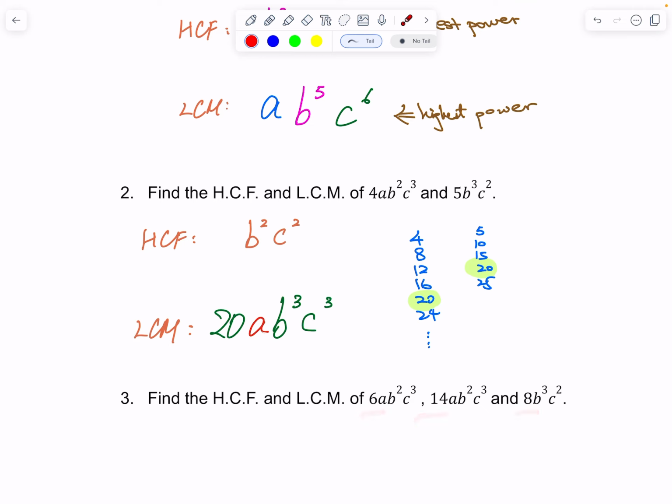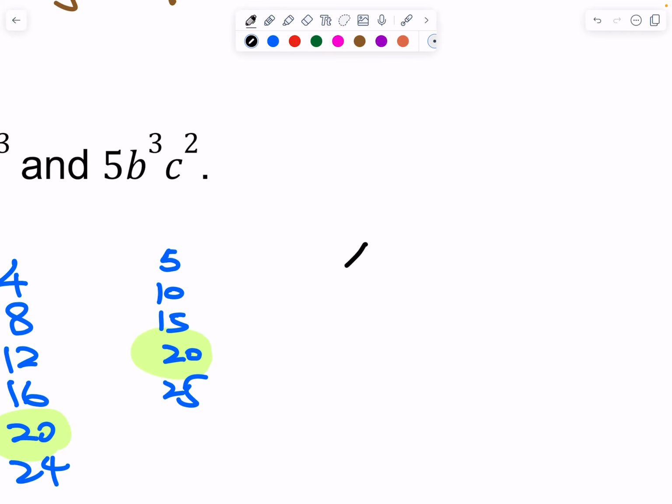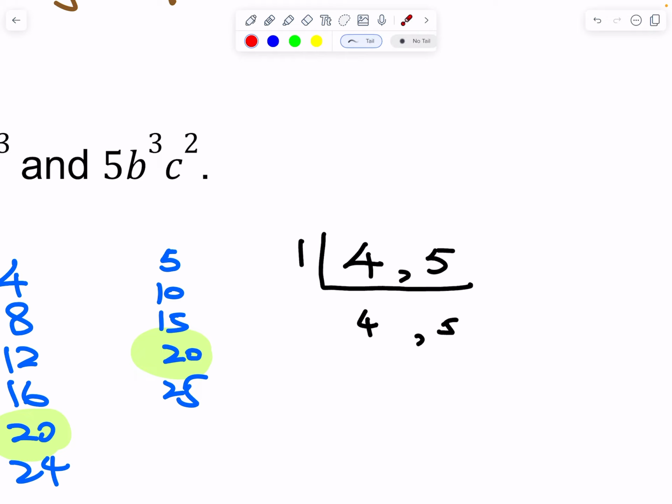That will be wrong. Because we don't really have time to do this all the time, there's another method called short division. Have you heard of it? 4 and 5, anything common? Just run. Because there's nothing common, just write 1 and 4, 5. So here is your HCF, and then you draw the L shape.